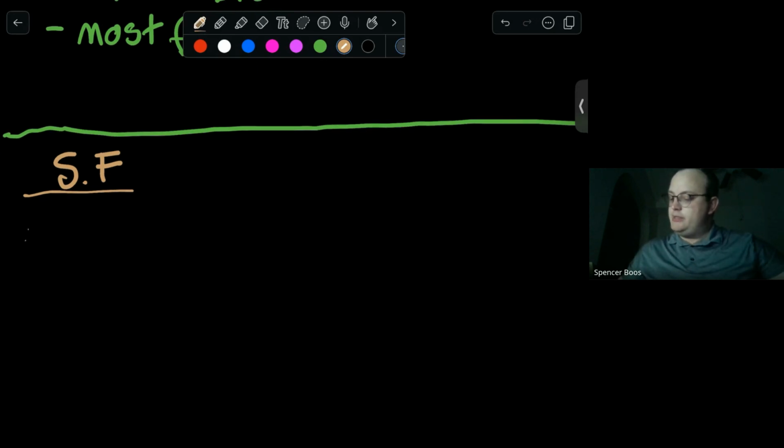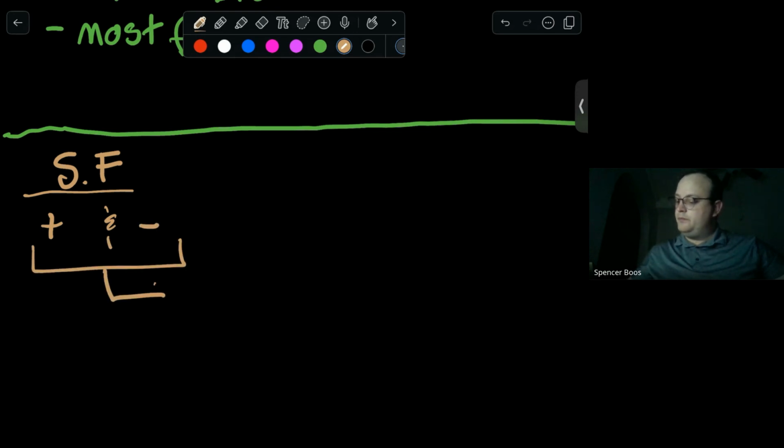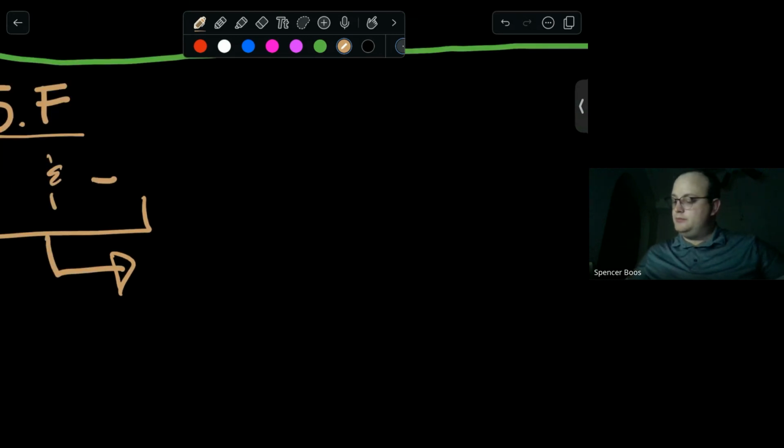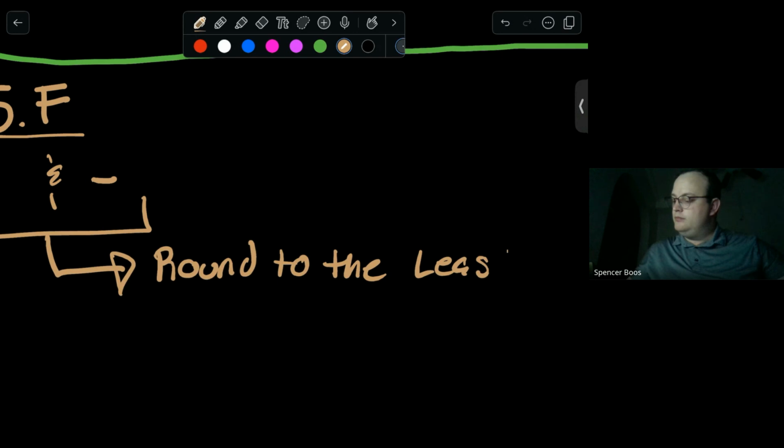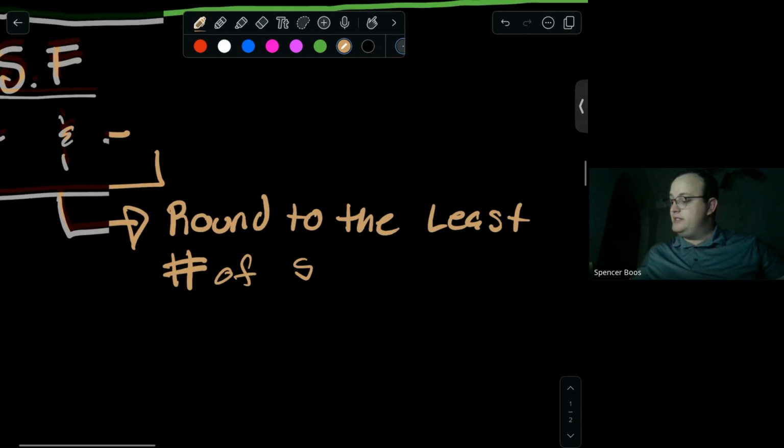For addition and subtraction, you round to the least number of decimal places.